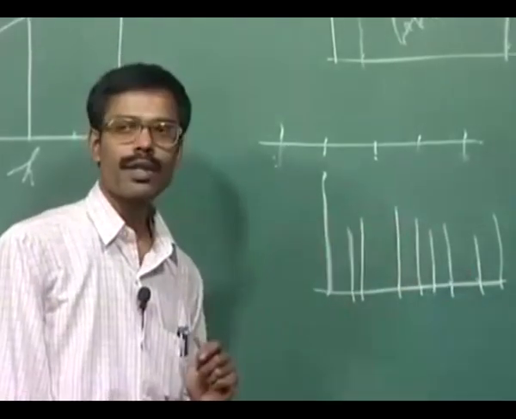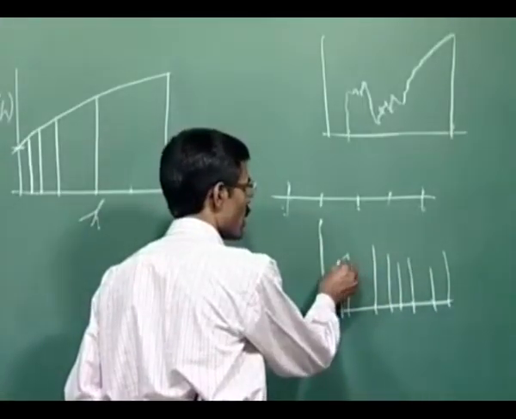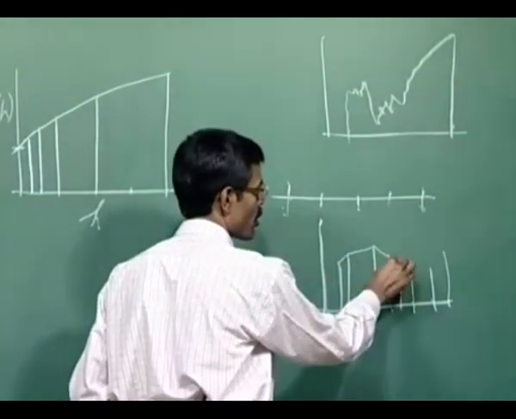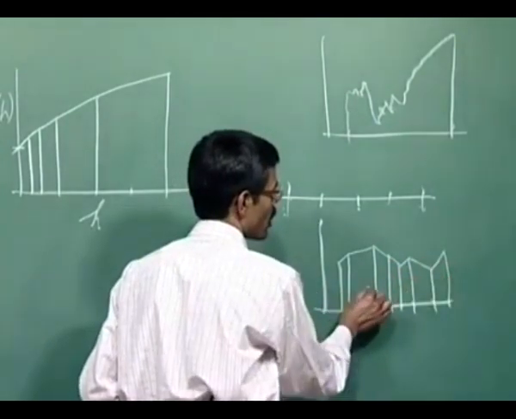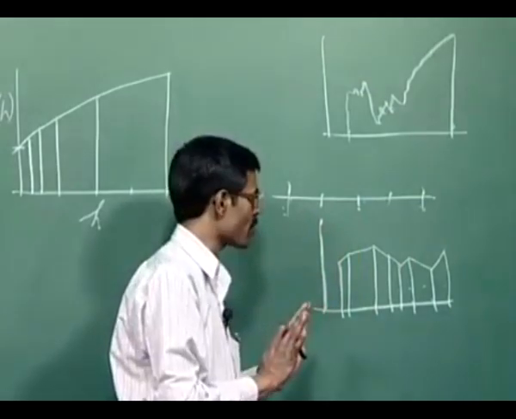Now, for this kind of situation, you can do two things. One, over every interval with unequal sizes, you use the trapezoidal rule and sum up 1, 2, 3, 4, 5, 6, 7 such integrals. You just take the sum. This is one way to do it.